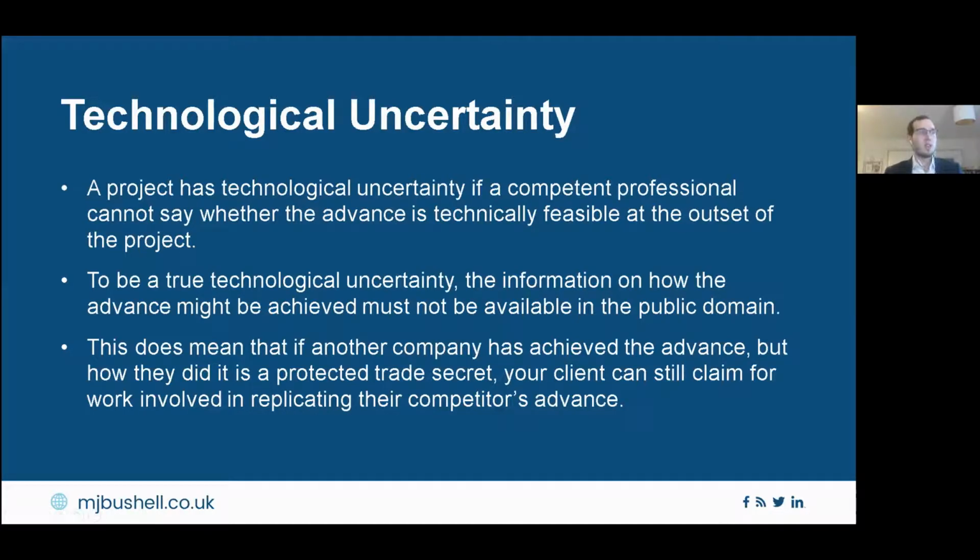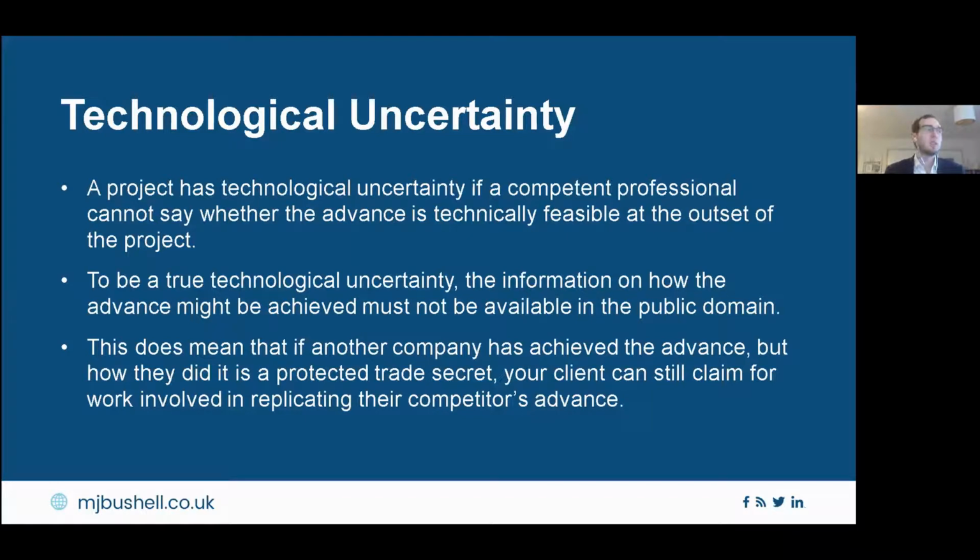Lastly, a really important one to look at as well is technological uncertainty. So HMRC also, for a successful R&D claim, look for there to be some sort of technological uncertainty within the R&D project.